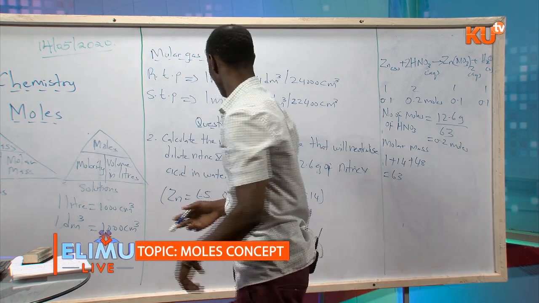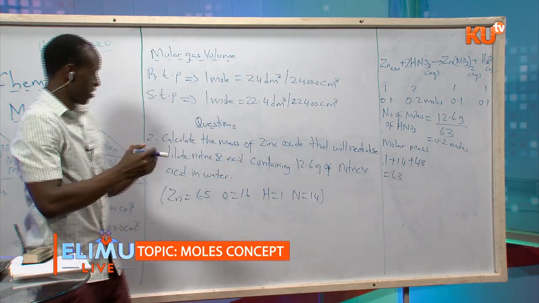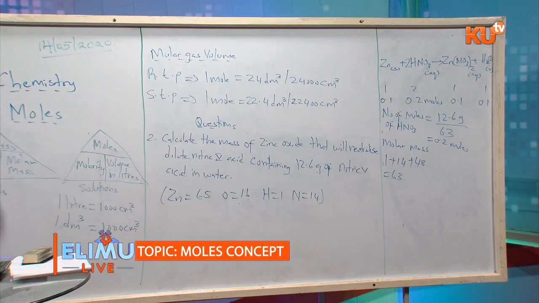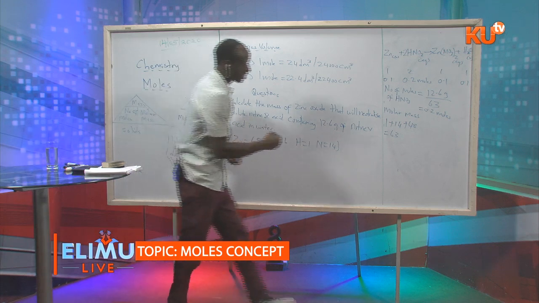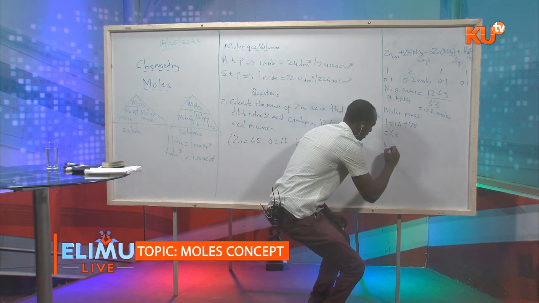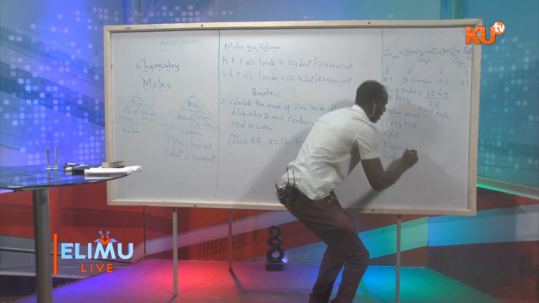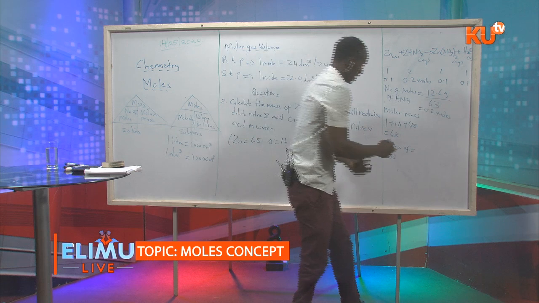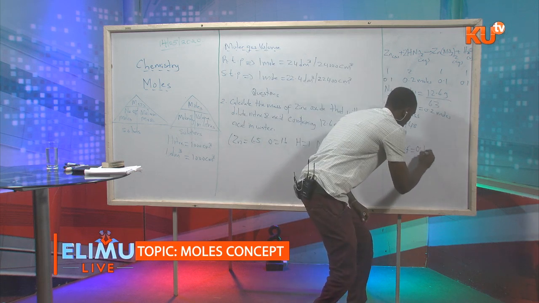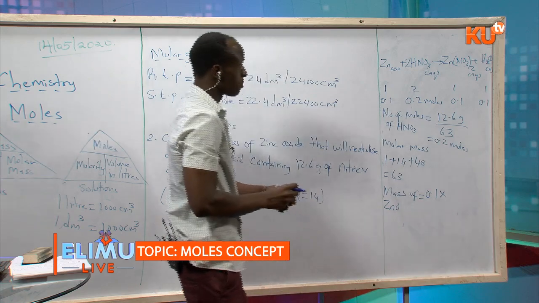What's the question asking you to calculate? Calculate the mass of zinc oxide. How do you calculate mass? Number of moles times molar mass. The ratio helped us to get the number of moles, so that is 0.1 times the molar mass.